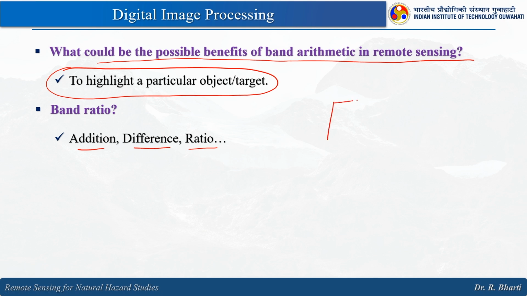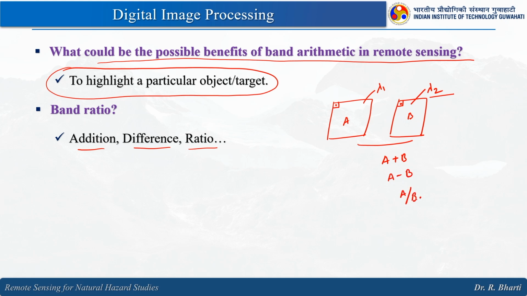If you have two bands of the same area captured by the same sensor in different wavelengths, and this is the target whose spectral response you know, then you can use the lambda 1 and lambda 2 wavelength images together. If this is A and this is B, it can be A plus B, A minus B, or A by B. Anything is possible. This is a simple operation, but very powerful. It will give you more information about the target.